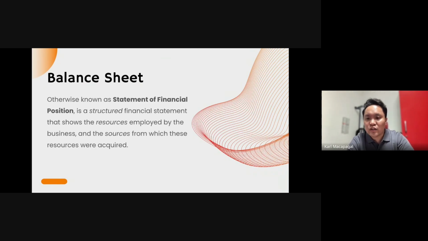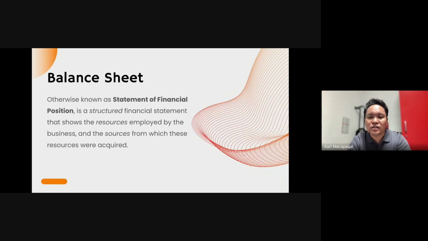It is called structured because the presentation follows a format prescribed by governing professional organizations or government regulatory agencies. The term resources refers to the assets, while the term sources refers to liability and owner's equity.